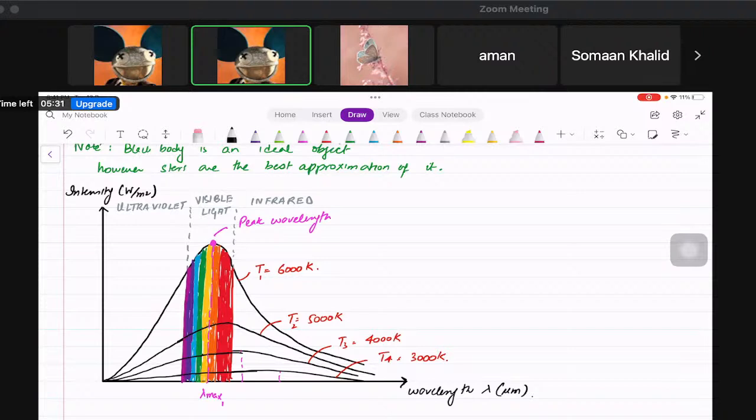So basically we receive this by looking at the spectrum, and then we find the temperature using Wien's displacement law. Is that clear, everyone? Abdul Moiz, Aman, Gatika, Hassan? Absolutely, sir. Okay, Suman.